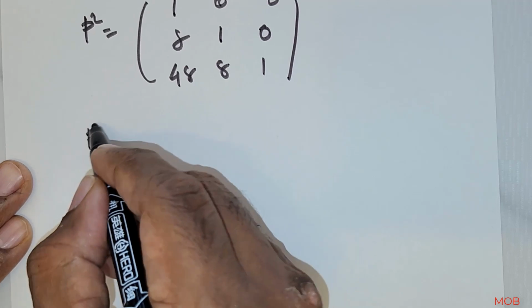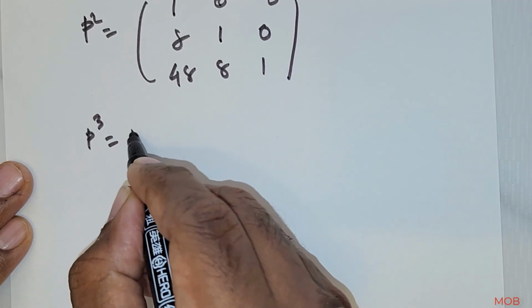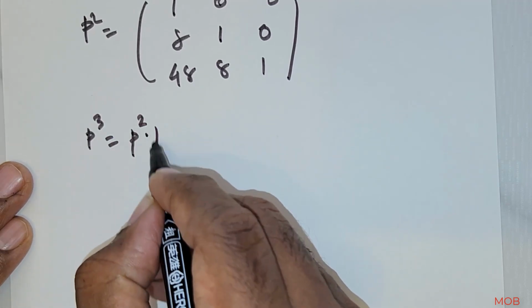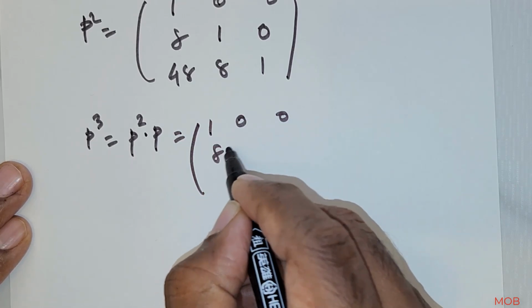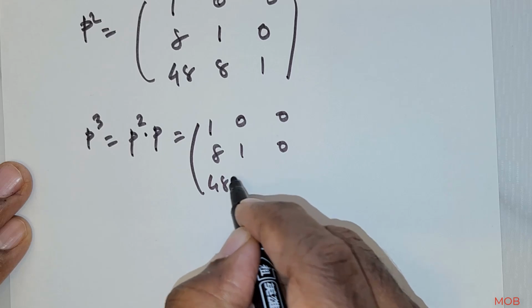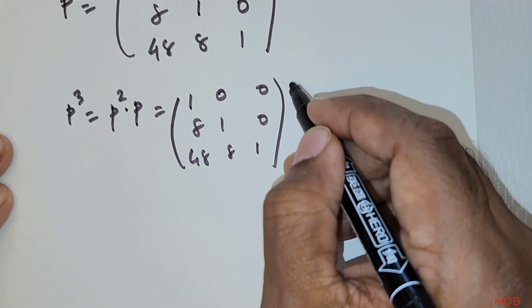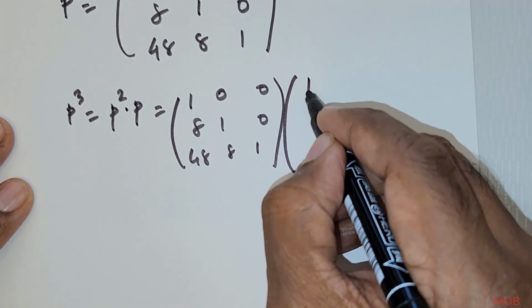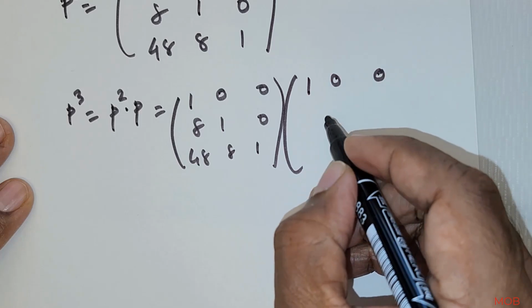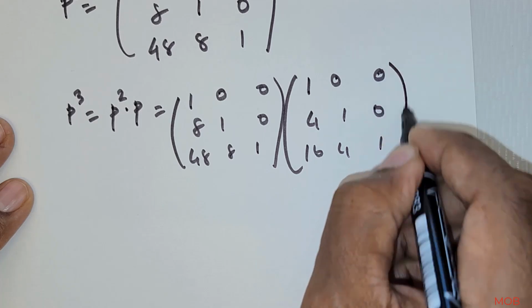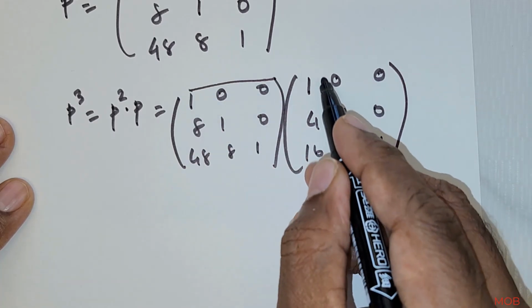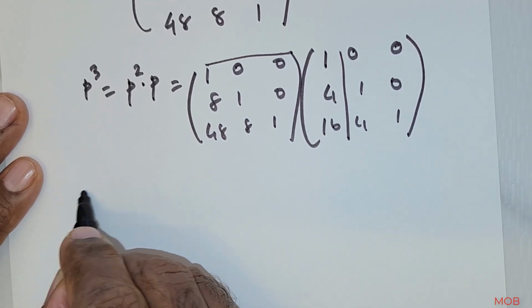Now we need to find P cubed. So there's going to be P squared multiplied with P, which is going to be 1 0 0, 8 1 0, 48 8 and 1, multiplied with 1 0 0, 4 1 0, 16 4 and 1. So I take the row, I multiply with the column.